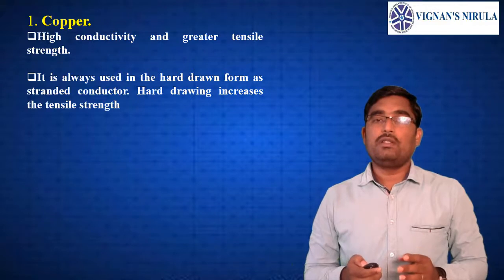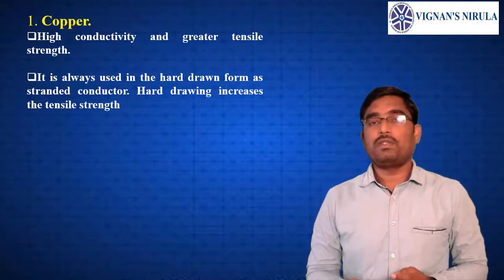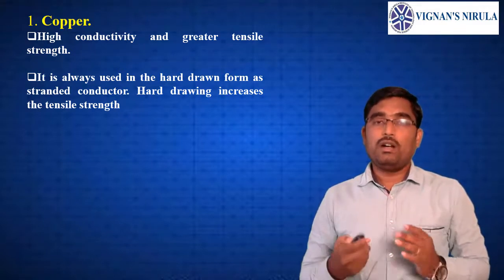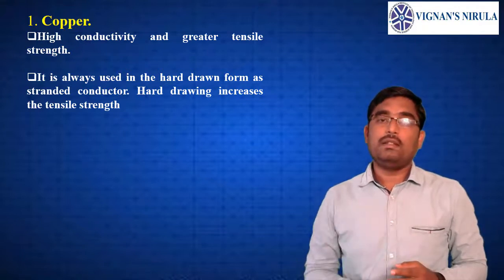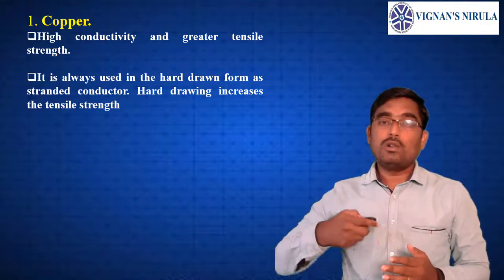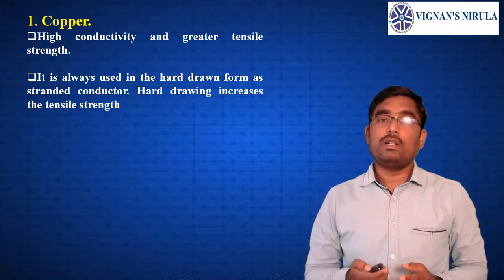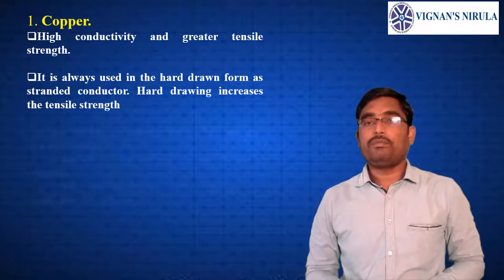Hot drawing means the process of heating and annealing. A hot drawing process adds the feature of increased tensile strength for any conductor material. So hot drawn copper has more tensile strength when compared to a normal copper conductor.